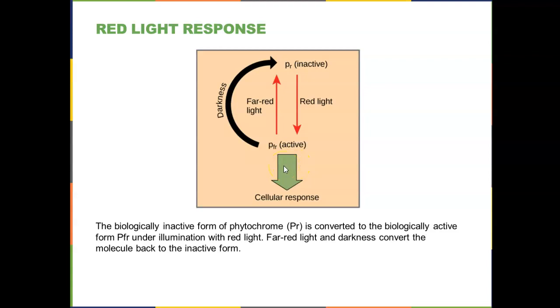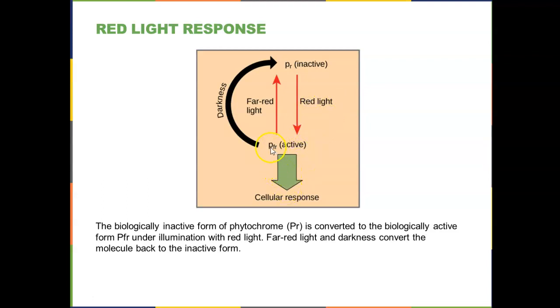The way this works is, if a plant is exposed to red light, that means it's exposed to direct sunlight coming from the sun. And what we want is the plant to grow in that direction and make itself exposed to that red light. Remember, chlorophyll can absorb blue and red light, so red light is good for making a plant grow. So red light is a stimulus for growth of the plant.